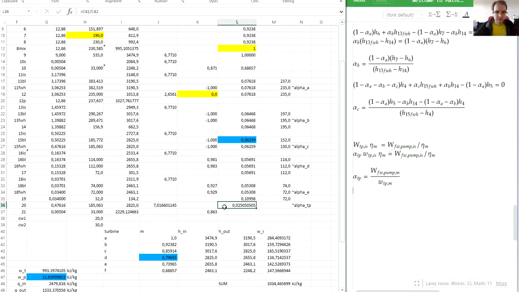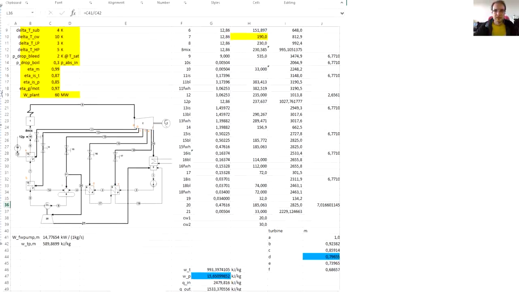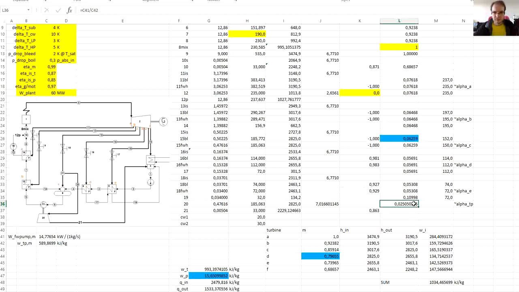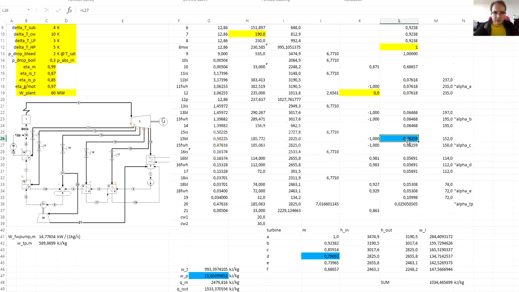So now we have the work. Now we have the mass flow rate going through this branch of the cycle. We can calculate the mass flow rate at the turbine outlet, which is here, just to make sure which other formulas are derived from this one.